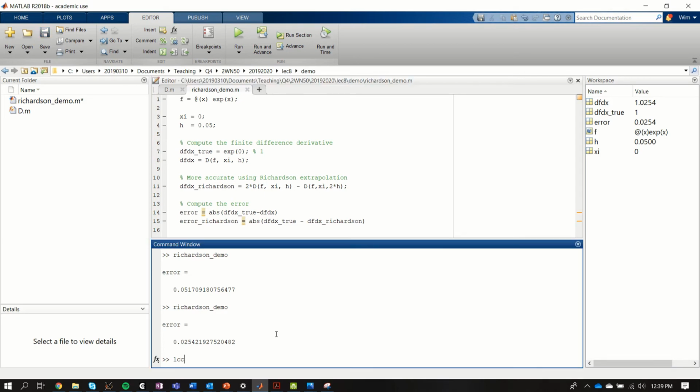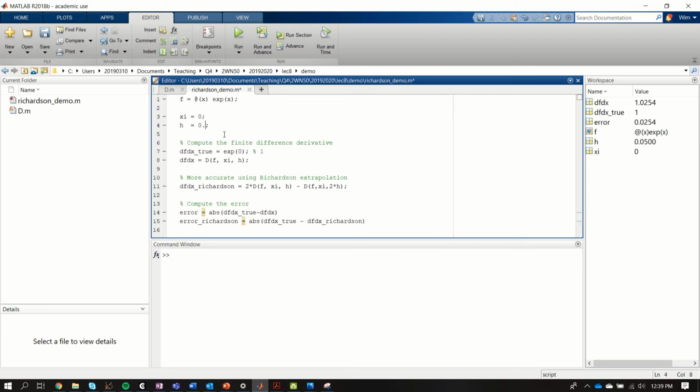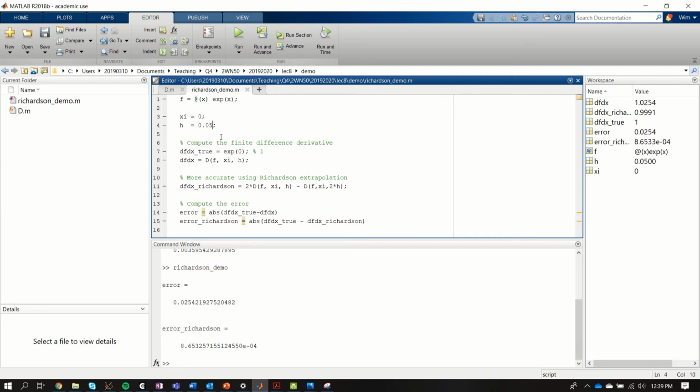So let me clear the output for a second, and let's see what happens now if we run this script. The first observation is that immediately the error of this Richardson extrapolated scheme is a lot lower than the original error of our first order forward finite difference scheme. Let's take a look at what happens if we now halve this grid spacing h.